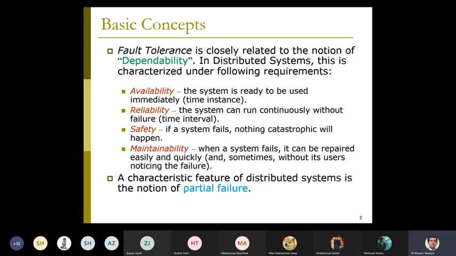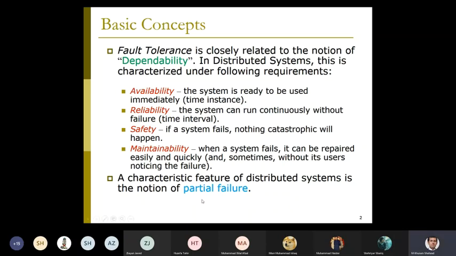Maintainability: when a system fails, it can be repaired easily and quickly, and sometimes without its user noticing the failure. Whenever we use Google or any website, even though there are some faults on the backend, the system user rarely or never notices such problems, because backups and replication of even processes exist there.